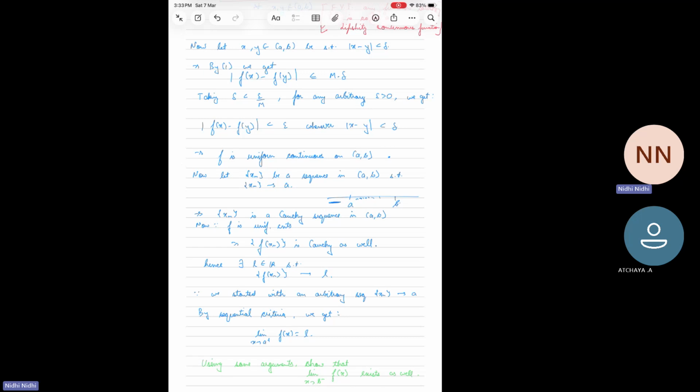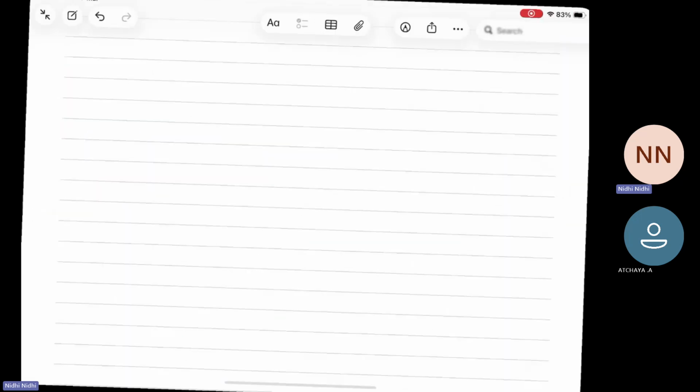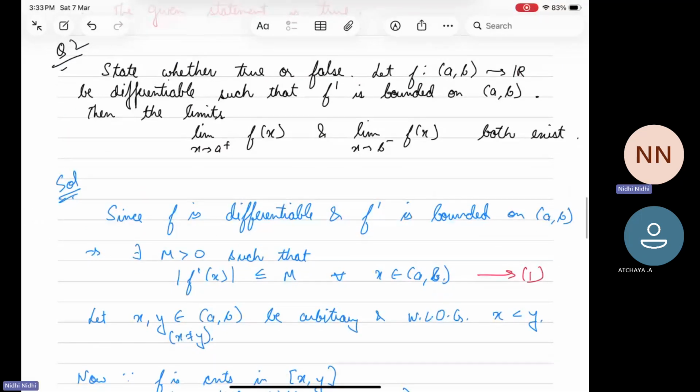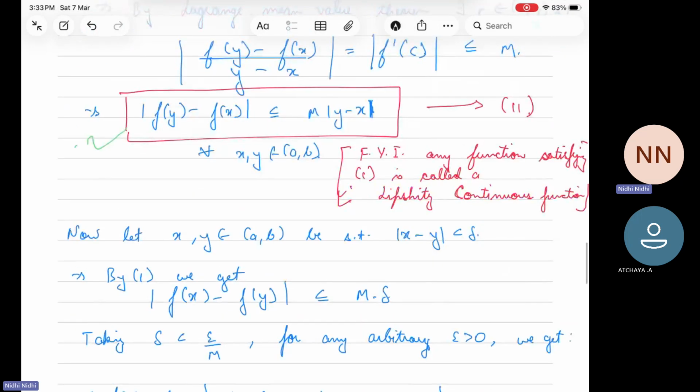So therefore, we get that the given statement is true. So the main idea was to see that any differentiable function which has a bounded derivative is always a Lipschitz continuous function. So by Lipschitz continuity, we mean that it satisfies this kind of inequality, and hence the function will be uniformly continuous.